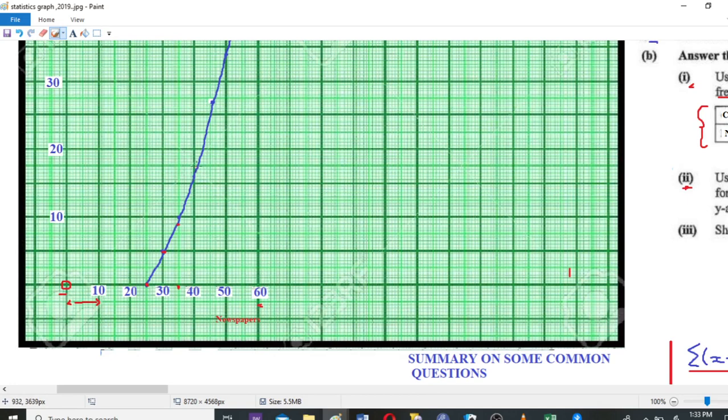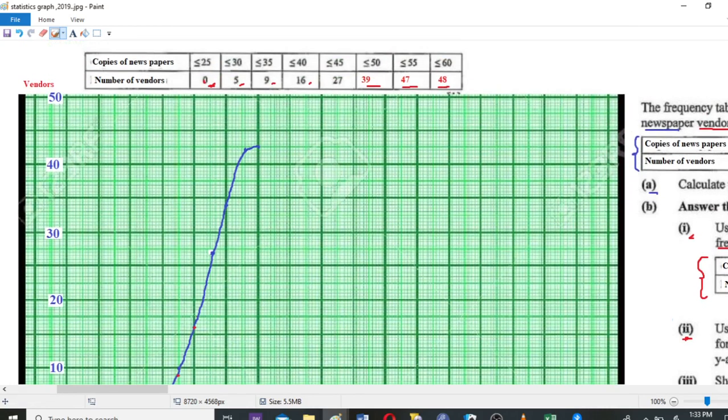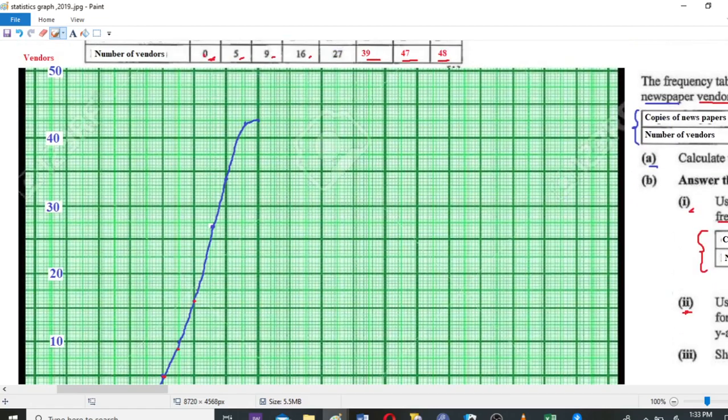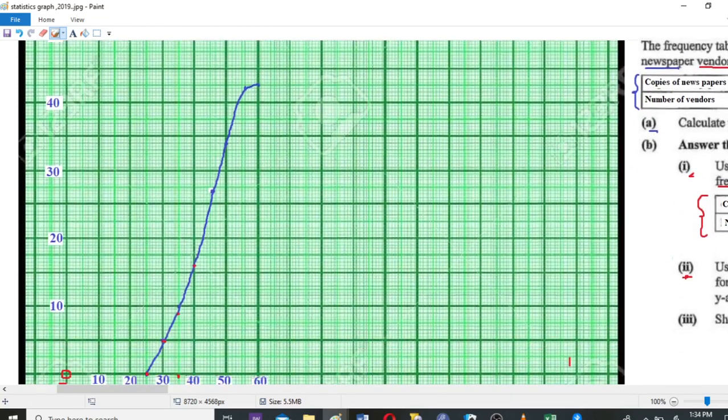That's the one here, that's 40 comma 16, so this is 15, so 16 is right there. Again we have 45 comma 27 and 50 comma 39.